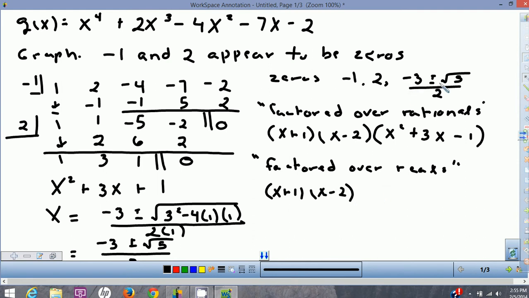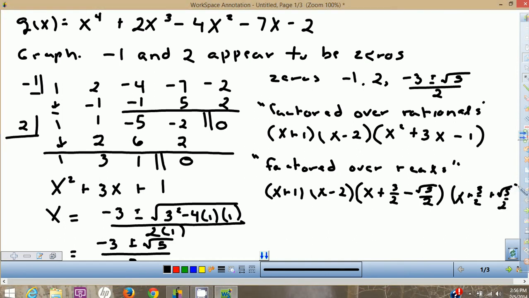Now, I'm moving all this to the other side of the equal sign, so the signs are going to change. x plus 3/2 minus the square root of 5 over 2, and x plus 3/2 plus the square root of 5 over 2. That's factored over the reals, or fully factored for this polynomial.